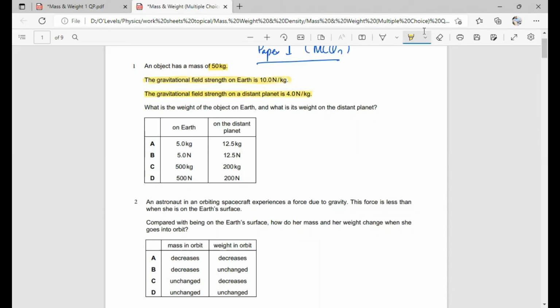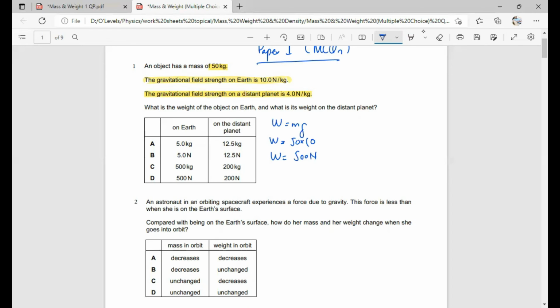What is the weight of the object on Earth and on the distant planet? Mass is 50, and the weight formula is W equals mg. So the weight on Earth becomes 50 multiplied by 10, which is 500 newtons.